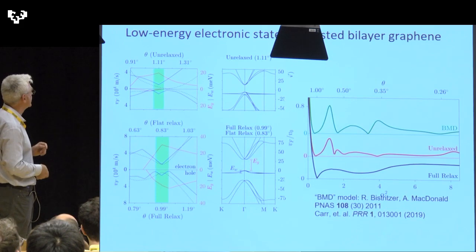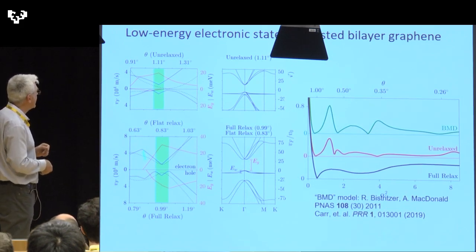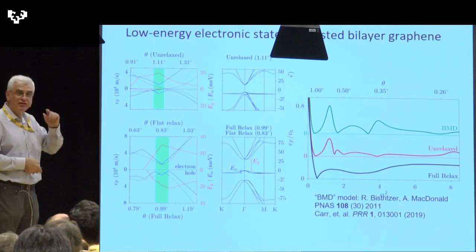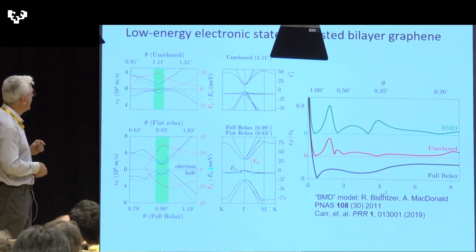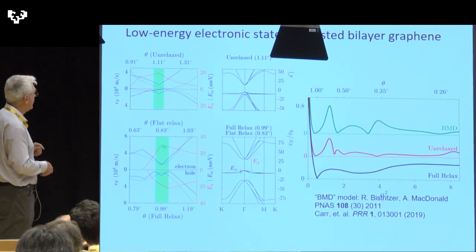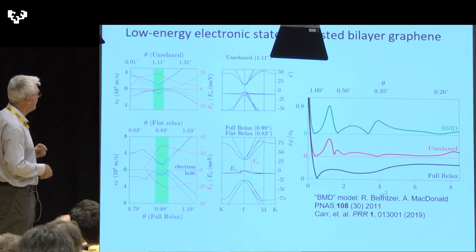So this is a complicated diagram. I'm plotting several things at the same time. For example, here I'm plotting in blue the width of the flat bands. So that's the blue line. In red, I'm plotting the gap separating the flat bands from the rest. And of course, there are gaps above and below. That's why you see a red line here and another red line here.